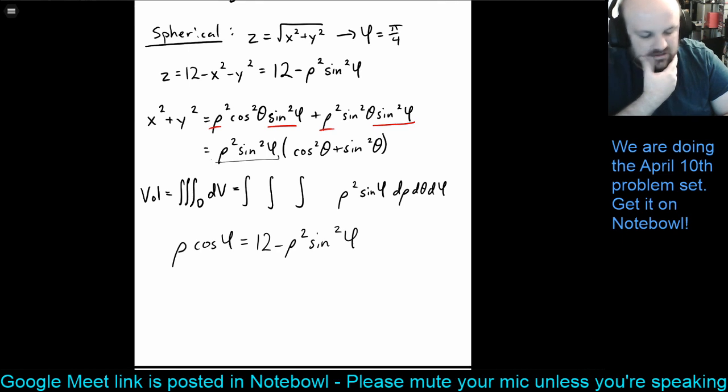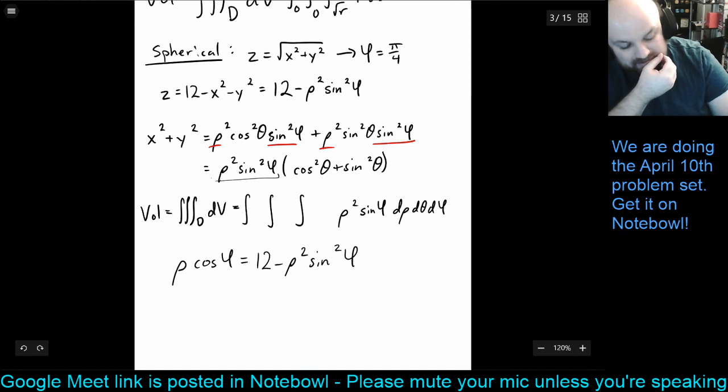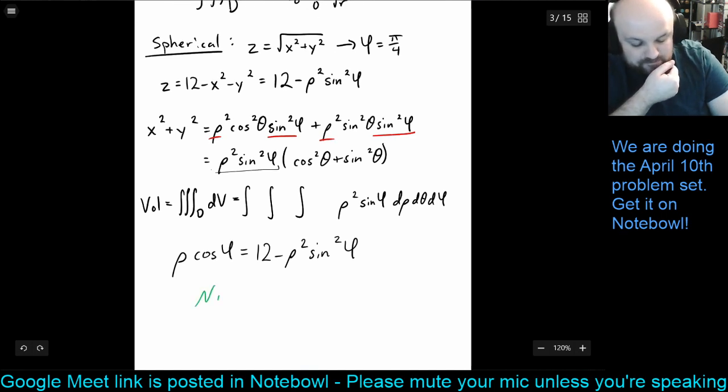And we'd have to solve this for rho, which doesn't look super fun, to be honest. So actually, let me just punt this and say, not a great idea.